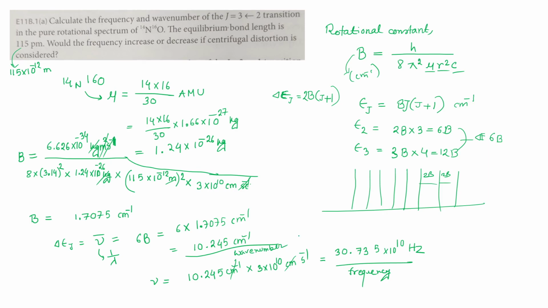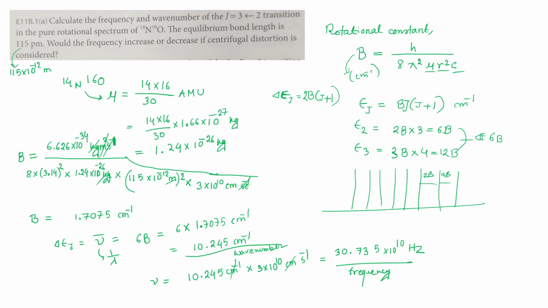Now, what would happen if we bring in the centrifugal distortion? What have you learned till now? We have seen whenever we brought centrifugal distortion into the picture, there was a minus D term, right?